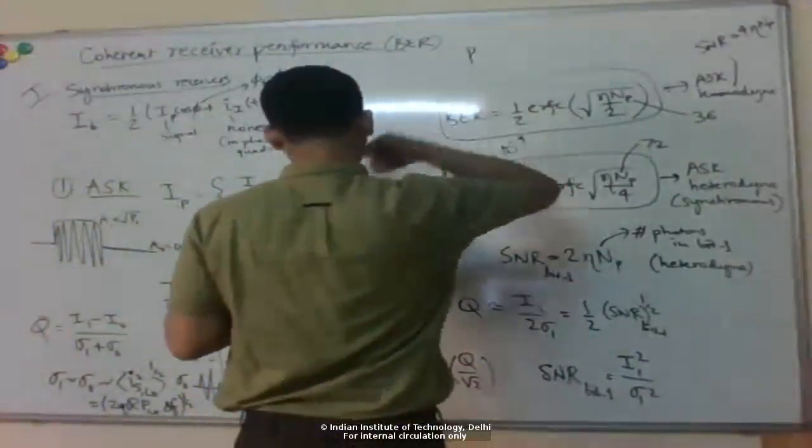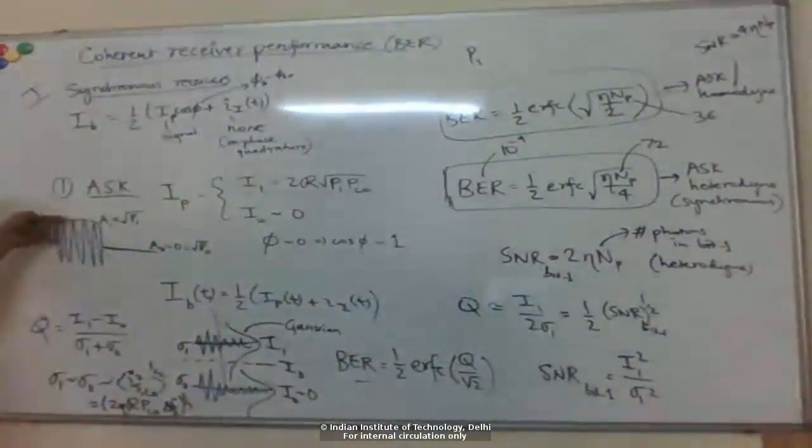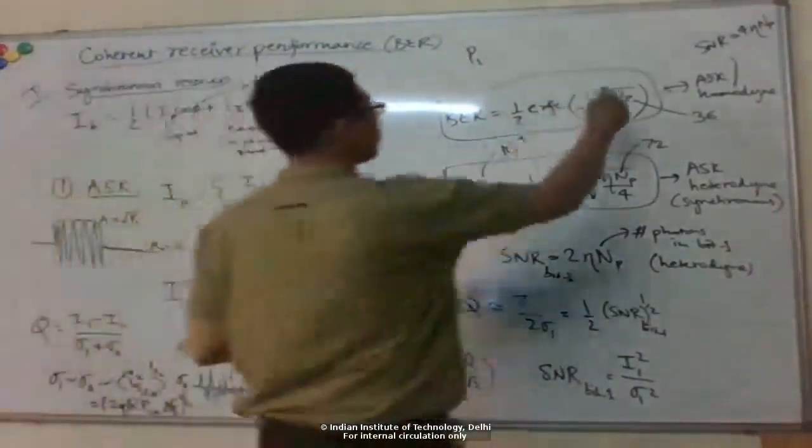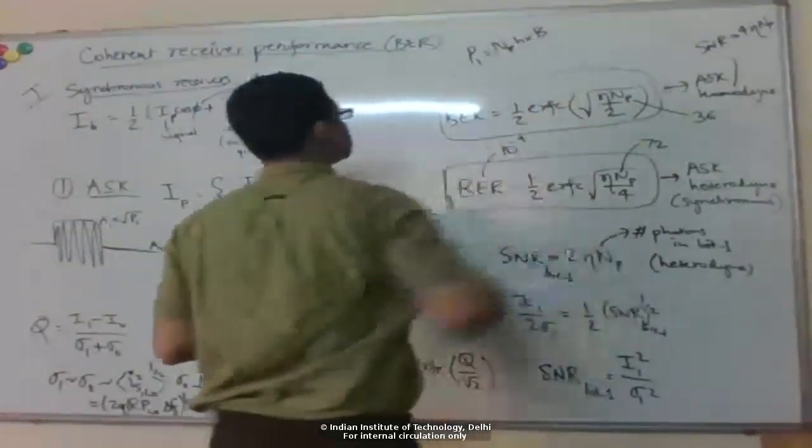If you look at it in terms of power, the received power P1 I write as the number of photons times hν times bit rate.